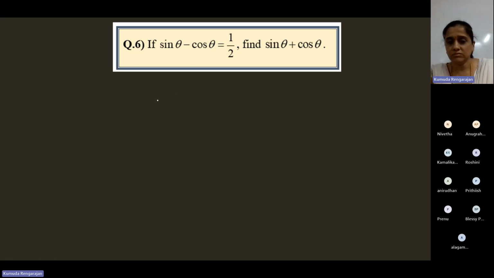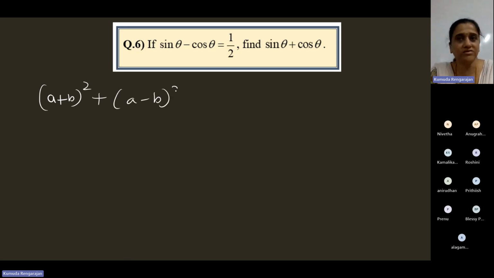So we have the value of A minus B, and we have to find the value of A plus B. So we make use of this identity: (A plus B) the whole square plus (A minus B) the whole square is equal to 2 of (A square plus B square). One, you will have to remember this identity.